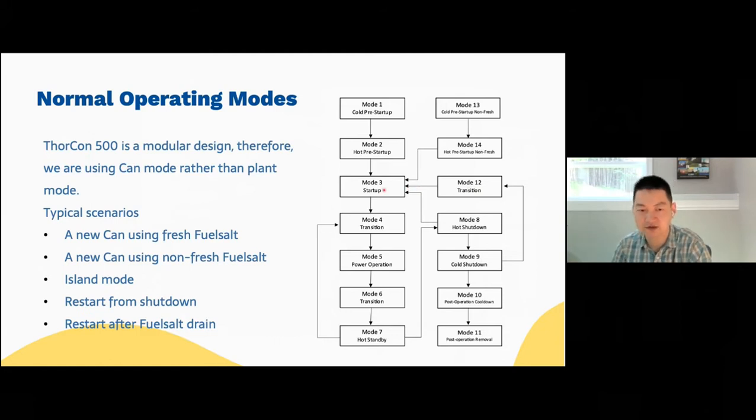So this basically describes the typical normal operation of the can. We can go to each mode one by one to give you some idea of how each mode would work. So let me go to the next step.